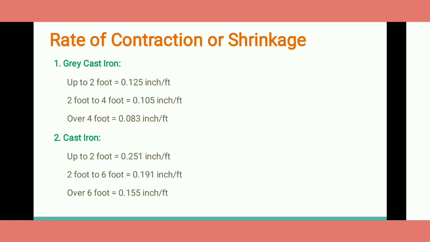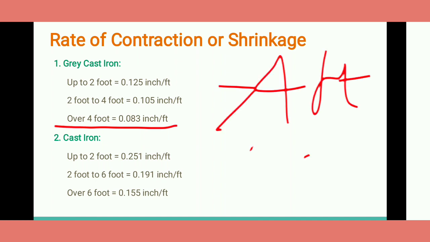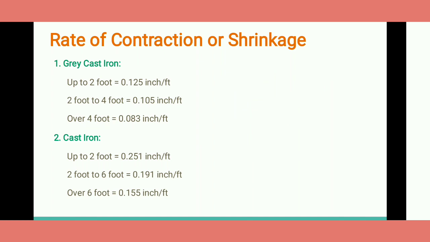If it is above 4 feet, the rate of contraction decreases further to 0.083 inch per foot. This is a continuous reduction: if you increase the dimension, the rate of contraction decreases. Please keep this in mind. Similarly for cast iron, because the material is different, the rate of contraction will also be different.